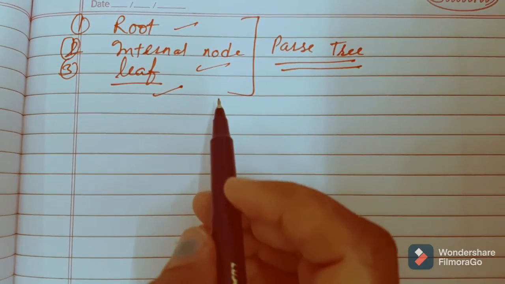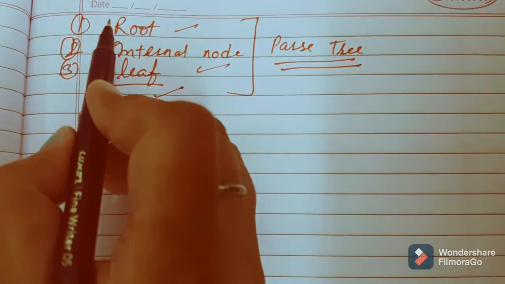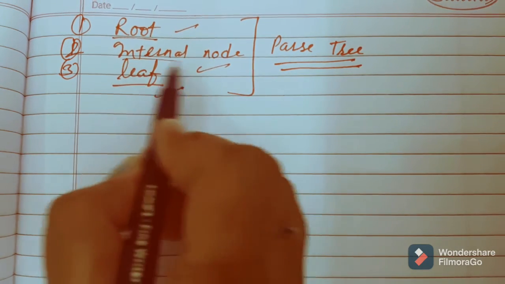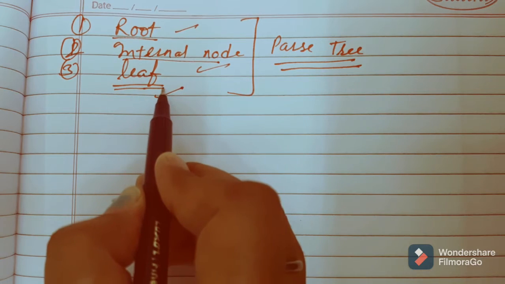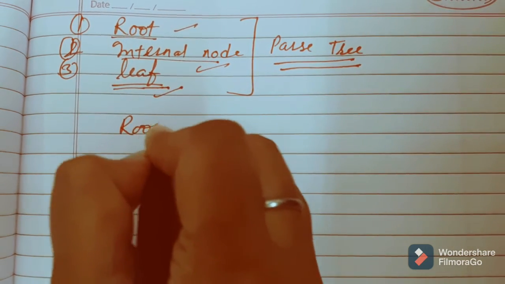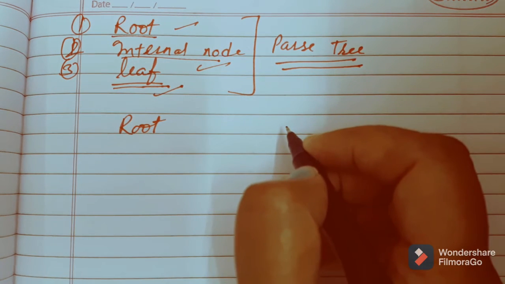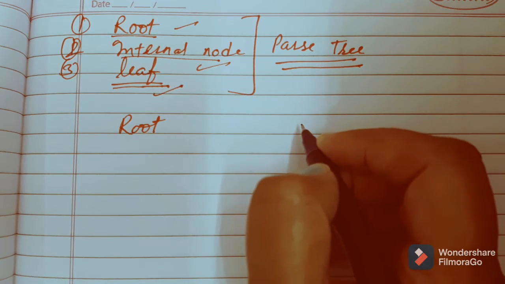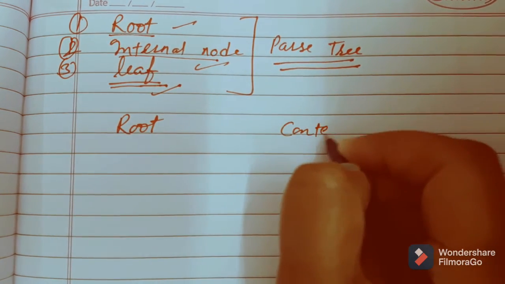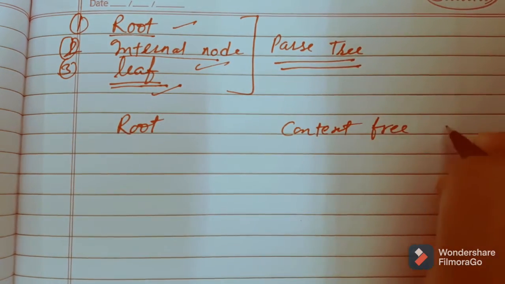These three things come into the terminology of parse tree: root, internal node, and leaf. Now we will discuss what is root, what is internal node, and what we mean by the leaf. Root, as we know very well, the grammar in the second phase we use is a context free grammar.